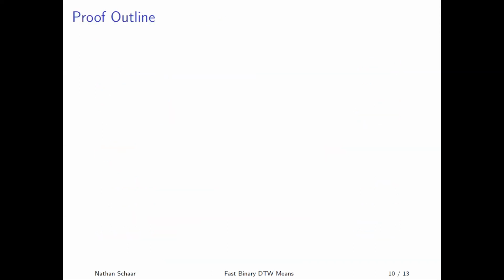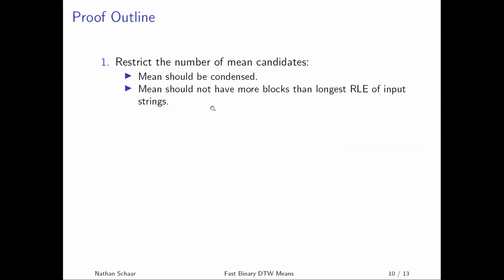And now the proof of our algorithm basically works like this. We first restrict the number of mean candidates as you saw before. So we know that the mean should be condensed and the mean should not have more blocks than the run-length encoding, which just means more blocks than any string has blocks, basically. And then we can restrict our number of candidates to n.